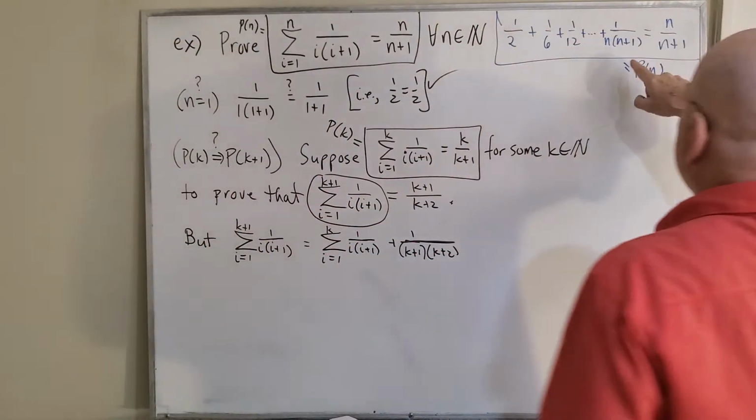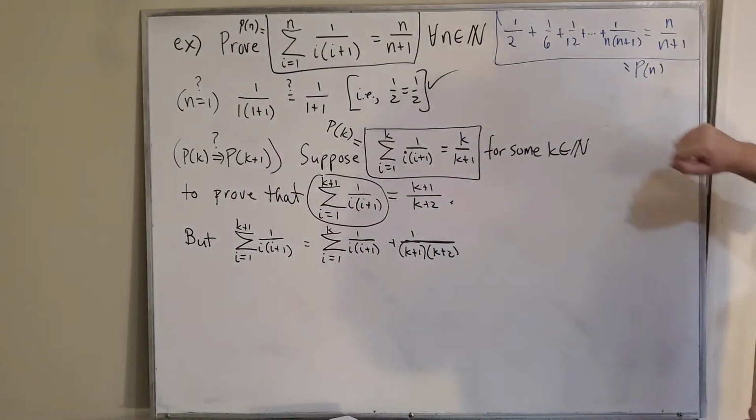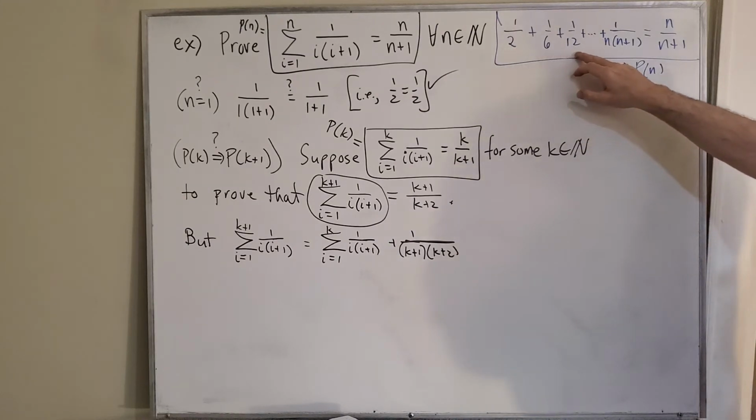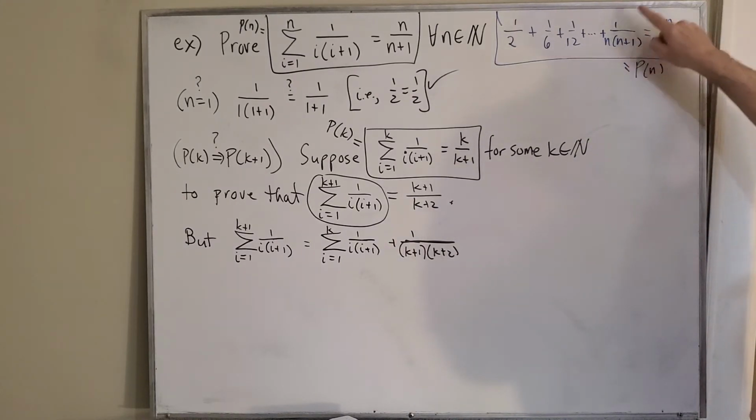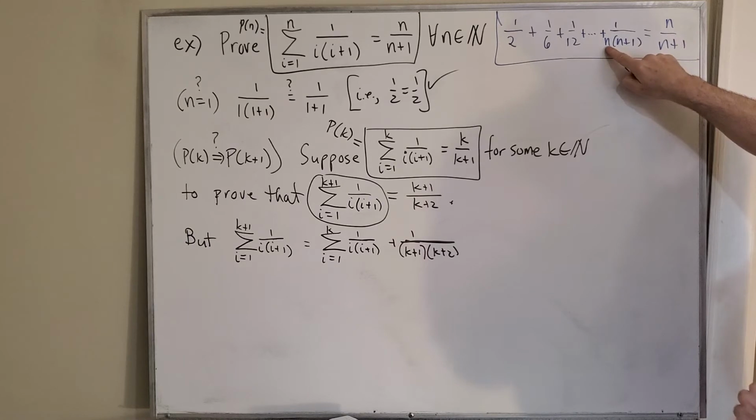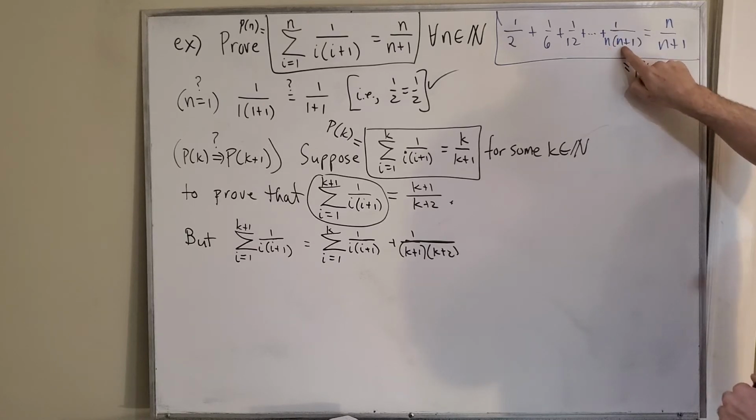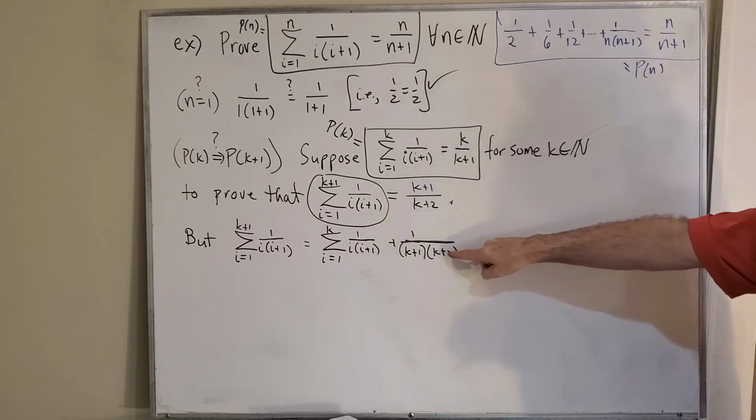Just like up here, if I wanted to go all the way to n plus 1, I would start off exactly like this. And then the next term, when n becomes n plus 1, would be 1 over n plus 1 times n plus 2. That's where this came from.